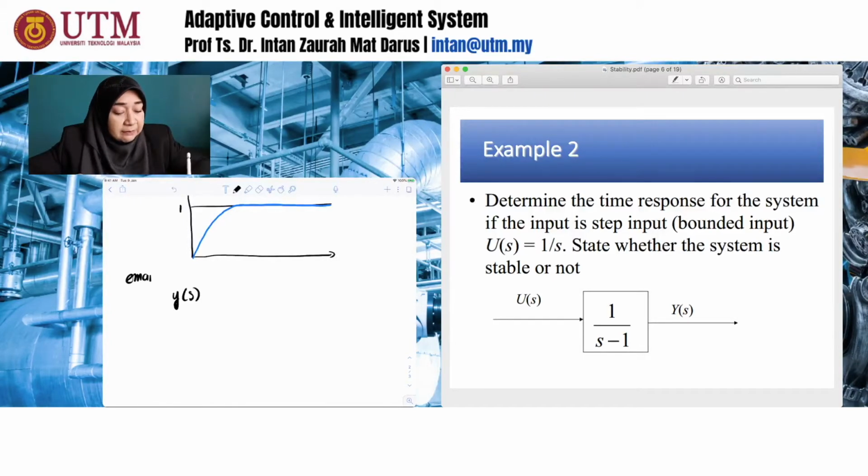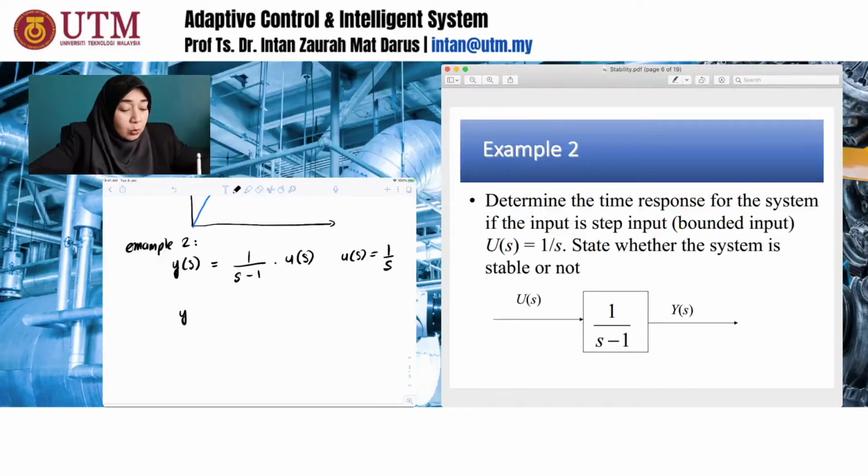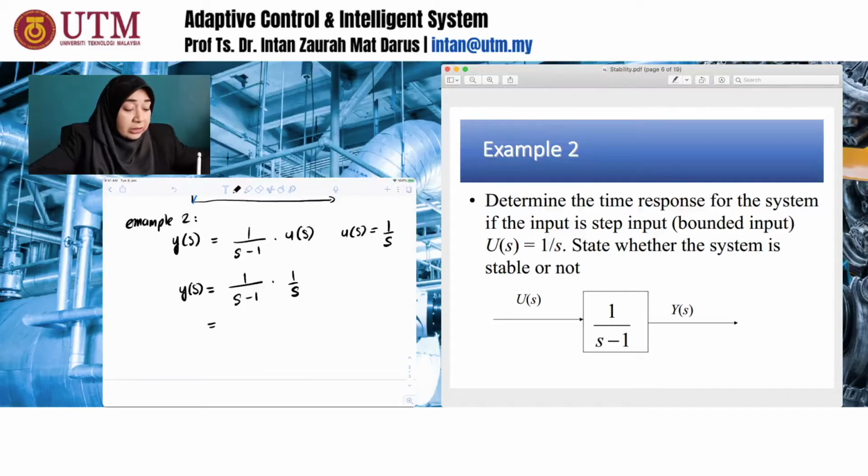This is the second example. Y(s) is now equal to 1 over s minus 1 multiplied by U(s), and for the method of comparison, we will use the same input, U(s) equals 1 over s. So Y(s) is equal to 1 over s minus 1 multiplied by my input 1 over s, and the multiplication will give me 1 over s(s minus 1).